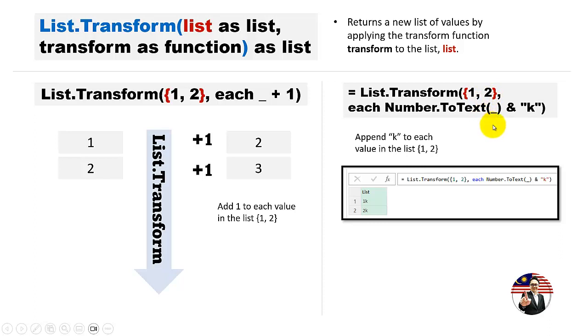So if you want to combine with a text message, you need to convert that number into text. So there is a handy M function called Number.ToText. That is essentially appending a k to each value in the list. Before that you need to convert it to a text type. Alright, so now you learn two transform examples.